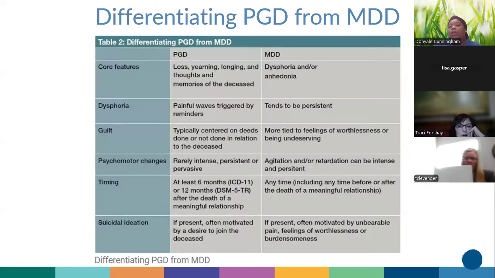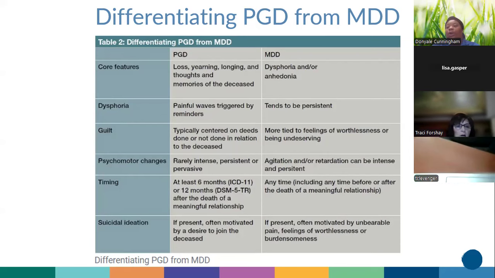So now we have a little table here that is differentiating prolonged grief disorder from major depressive disorder. Clients with personal history of depression and those with genetic predisposition are more likely to experience major depressive disorder than those without. So we look at the table here, looking at the core features of prolonged grief disorder.